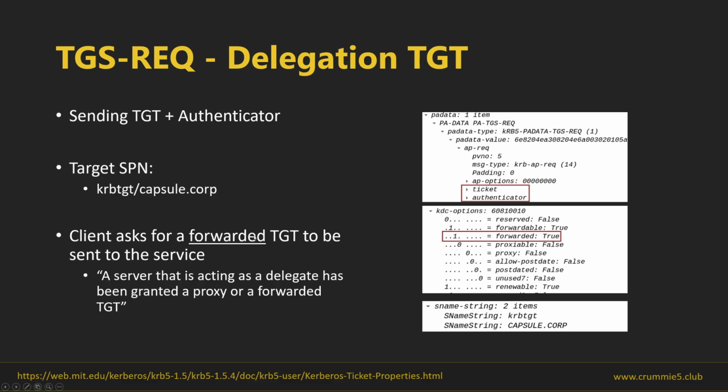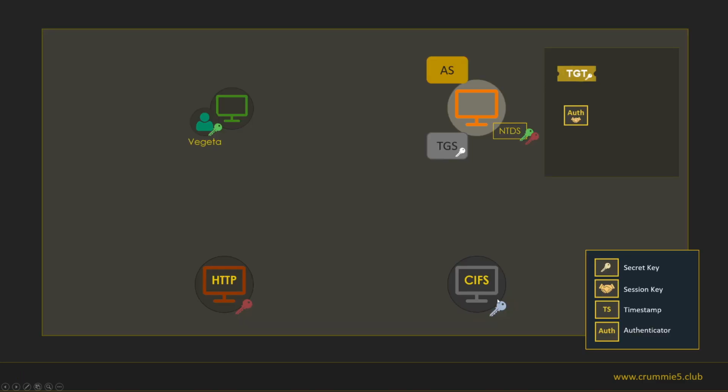The target SPN is krbtgt/capsule.corp. The domain controller will confirm everything within the TGT and the authenticator, etc. And then he will see the request of a forwarded TGT.